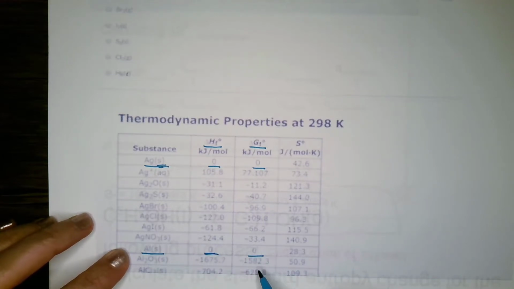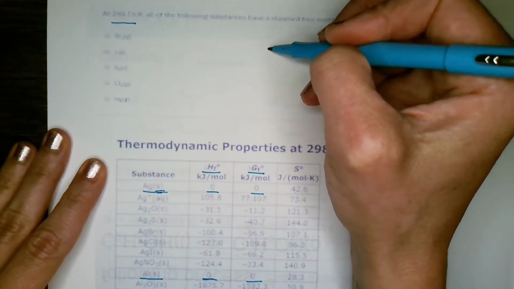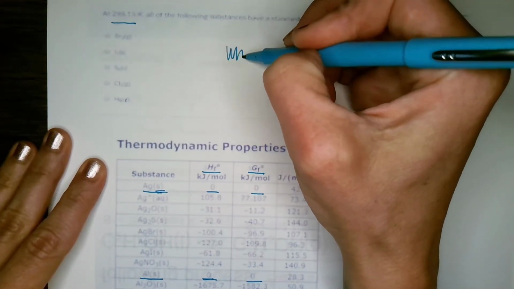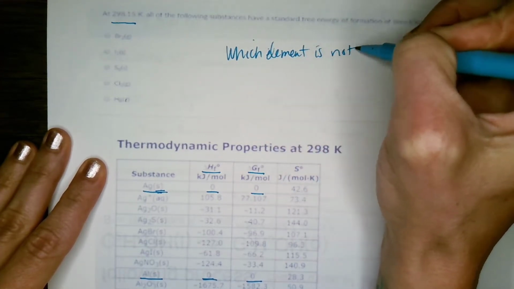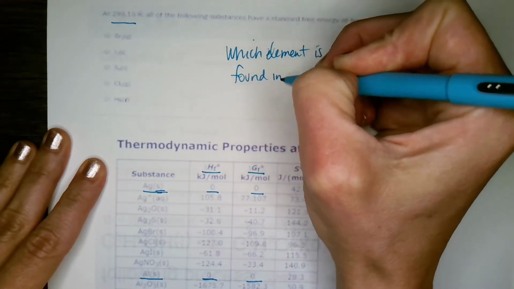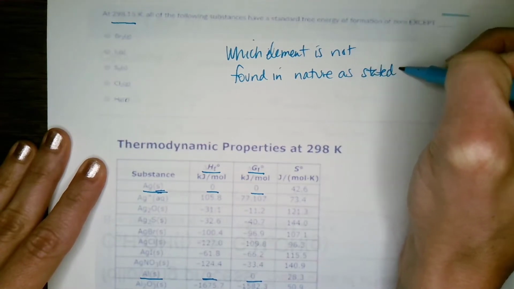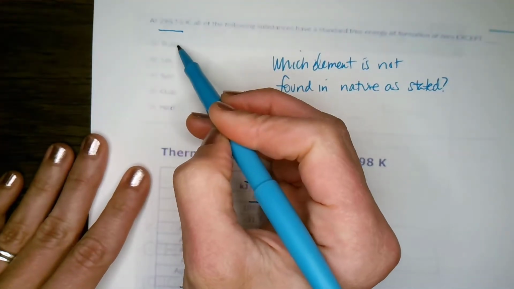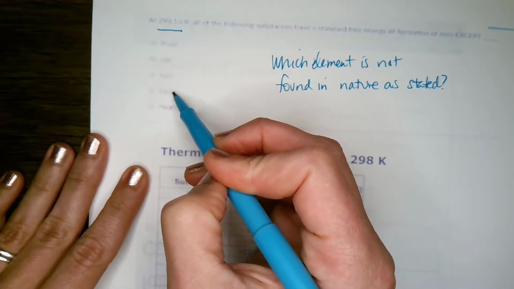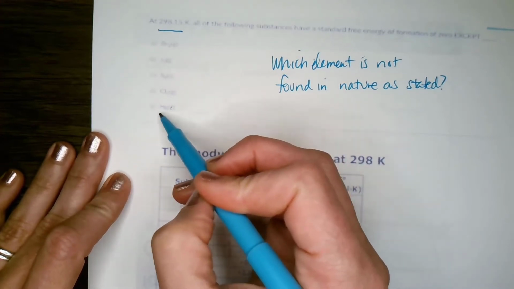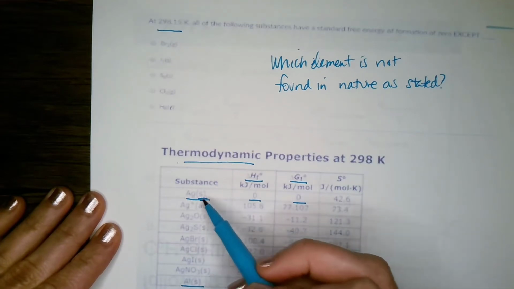So aluminum, solid aluminum, has enthalpy of 0 and free energy of 0. So what this question is really asking is which element is not found in nature as stated? Is it gaseous bromine, solid iodine, rhombic sulfur, gaseous chlorine, or liquid mercury?